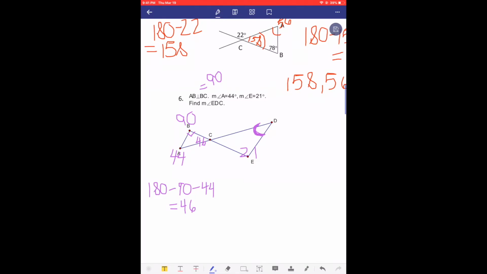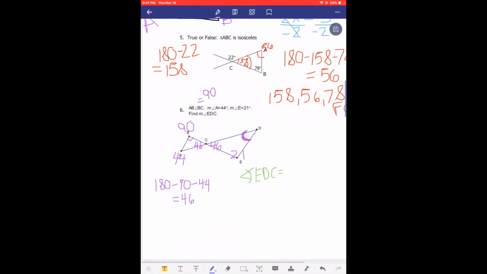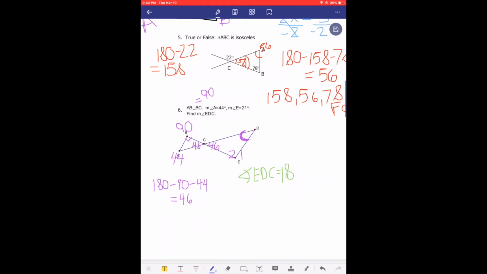You know that vertical angles are congruent, so this angle over here is also 46. Now, my last step to find angle EDC, I would do 180 minus 46 minus 21, because those are the two angles that are in this triangle, and you're going to get 113 degrees for angle EDC.